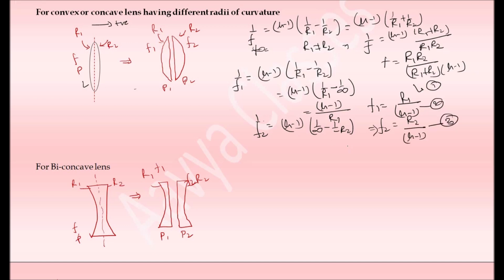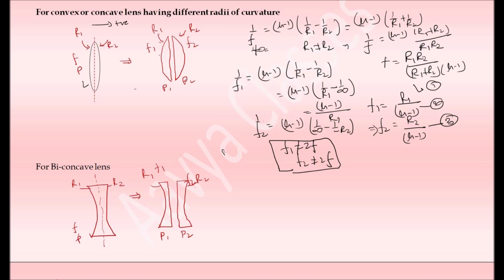So if we see equations 1, 2 and 3, then clearly f1 is not equal to 2f, and f2 is not equal to 2f. We saw earlier that when the radii of curvature of both surfaces are the same, we get f1 is equal to 2f and f2 is also equal to 2f. However, here f1 and f2 are not equal to 2f.